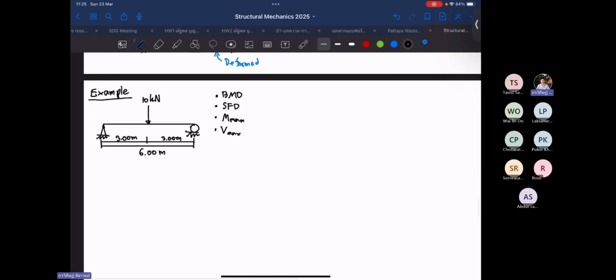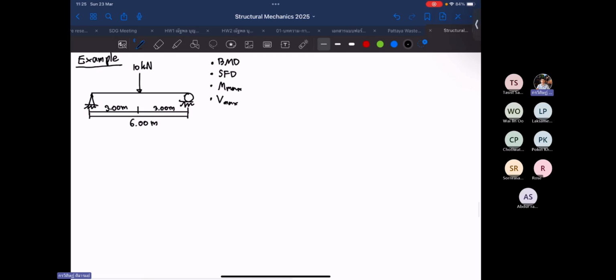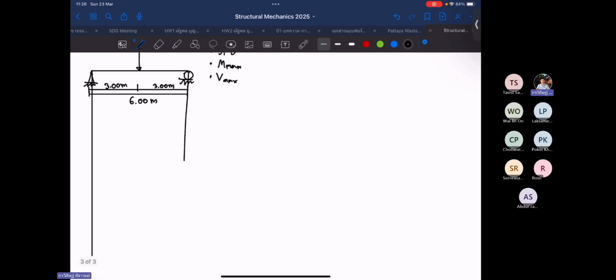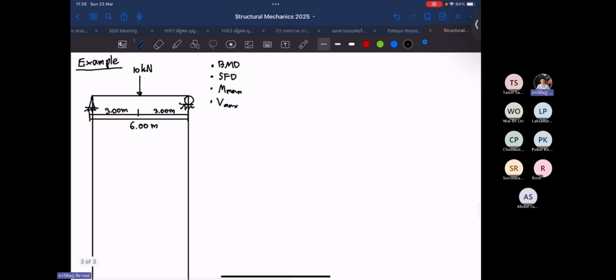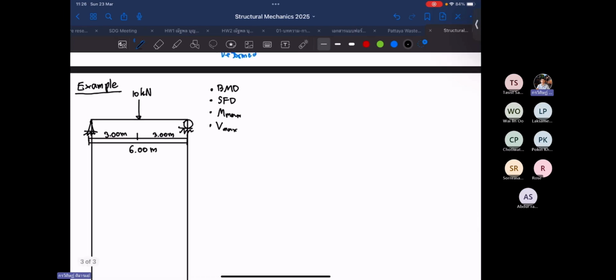For my convenience, I will plot the graph into this one. So I will draw a line. As I said, we cut at the support, right? So this line must be exit. And for this one, we have to cut at the point load.